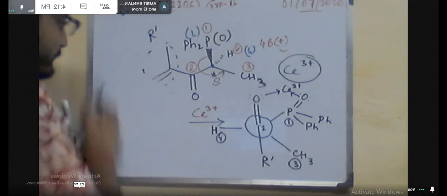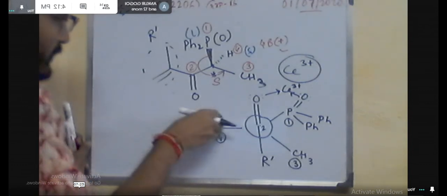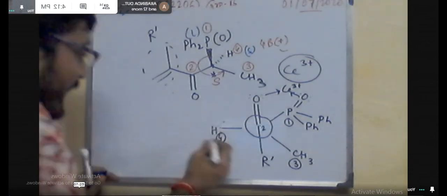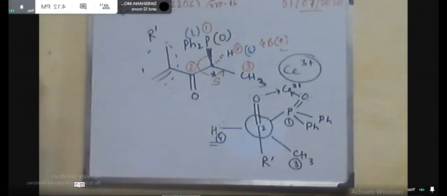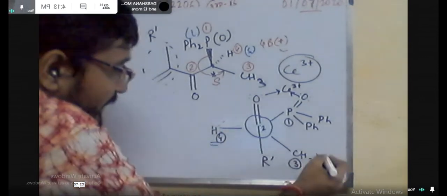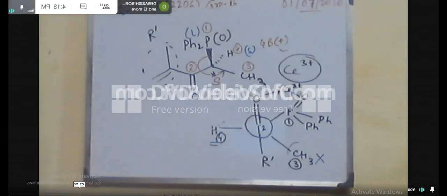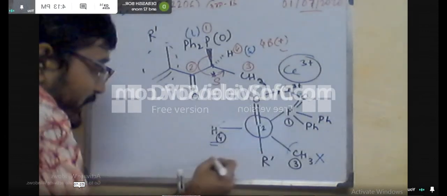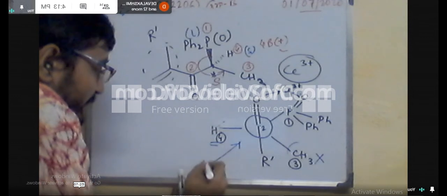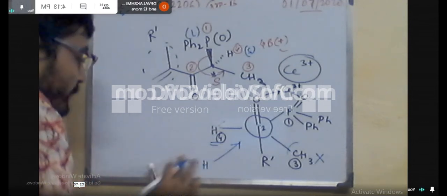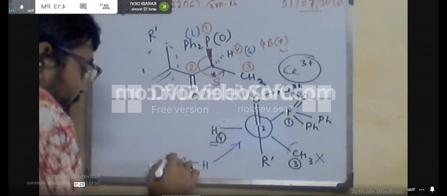Now we have to find the configuration of the newly formed chiral center. So in this case, this will be the 1, this group will be the 2, the back carbon will be the 3, and this will be the 4. So in this case 2b plus, we know the convention.